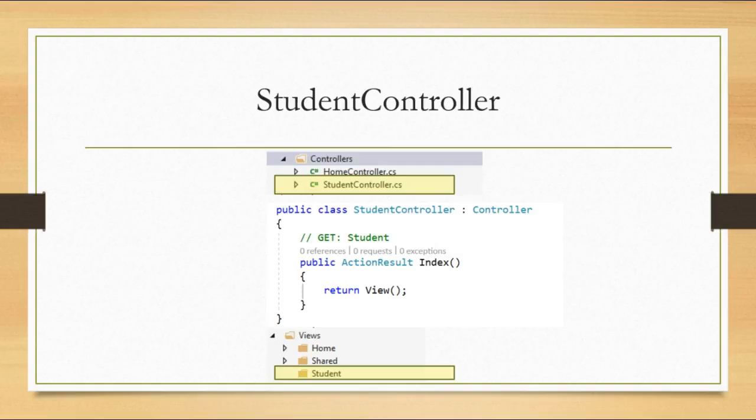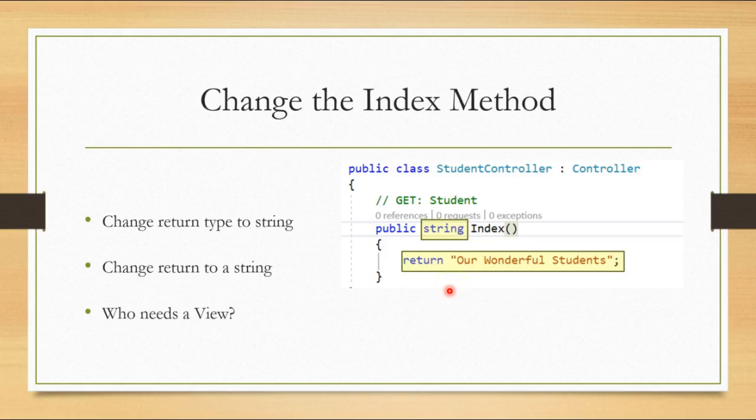Okay, so now we're going to change our index method here slightly. So we're going to change action result to string. We're going to change return view to return a string, our wonderful students. And what this does is this returns pure native HTML to our browser.